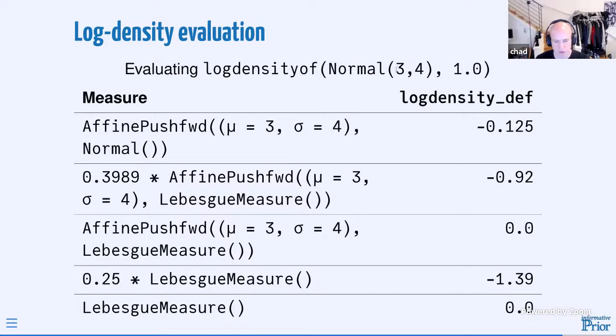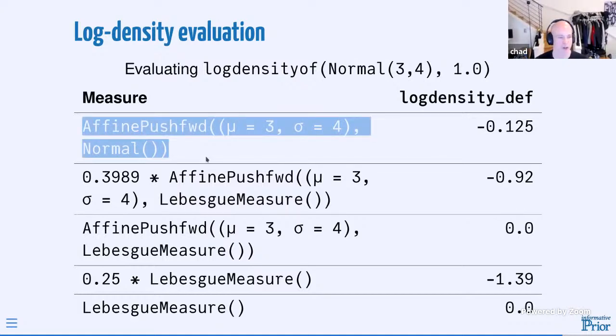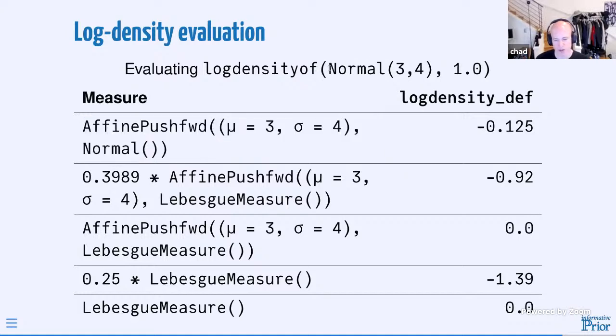In this case, Normal(3, 4) has what we call a proxy. When a user says Normal(3, 4), it would be confusing if it returned an affine pushforward of a normal, and so on. This affine pushforward is what's really going on, but when the user calls Normal(3, 4), it returns exactly that.